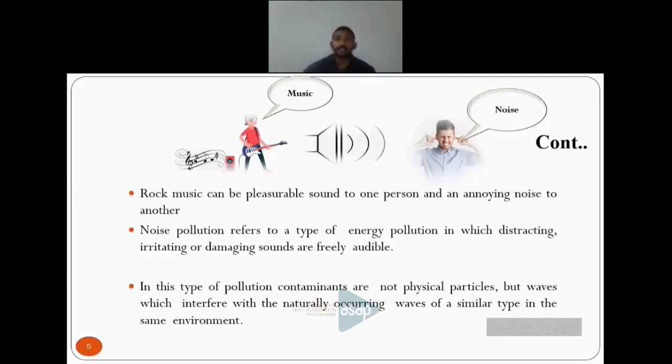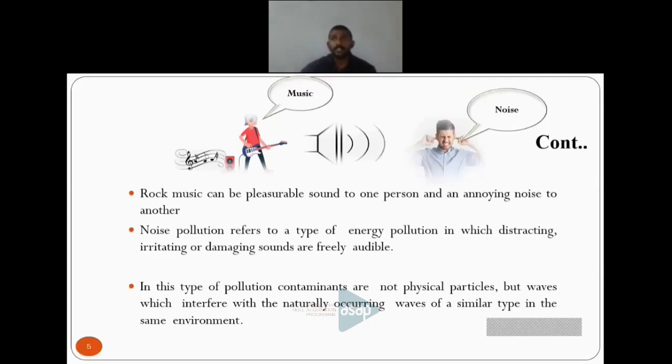That is called noise. And noise pollution here refers to the type of energy pollution in which distracting, irritating, or damaging sounds are freely audible, that is, which cause irritation or distraction to other persons.